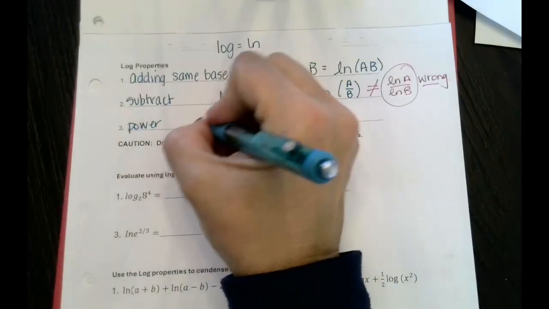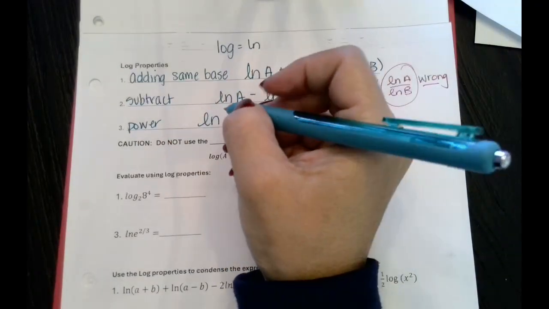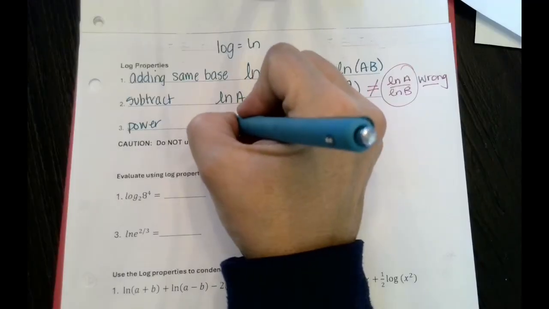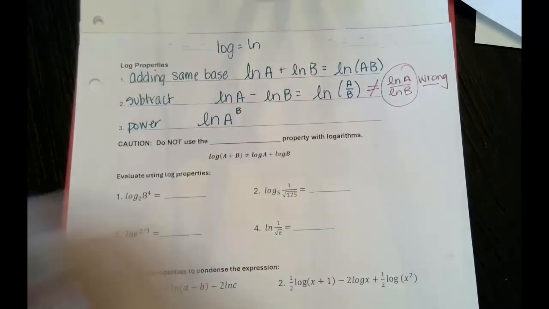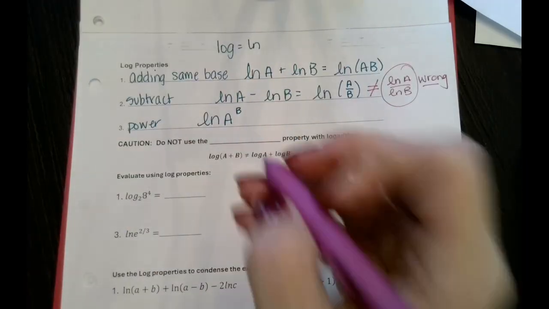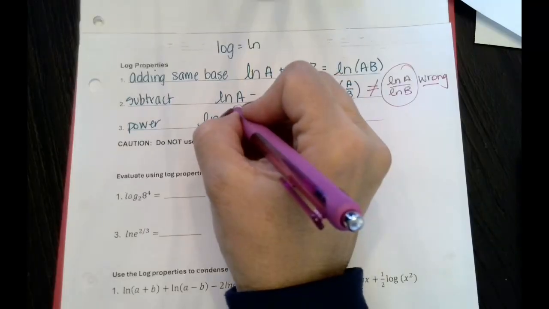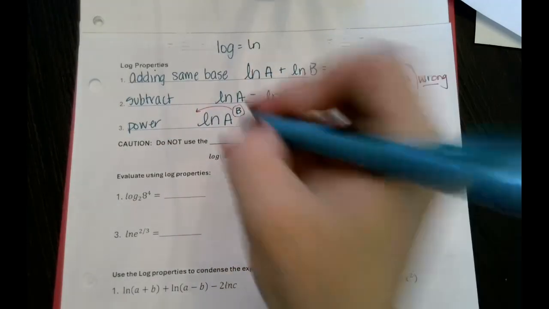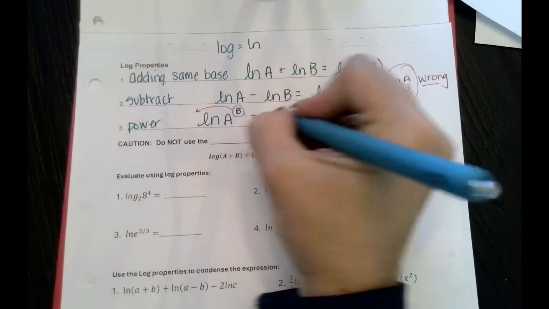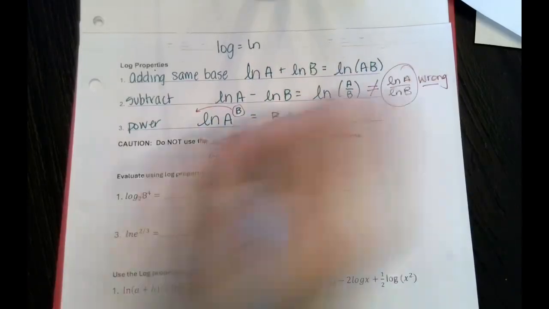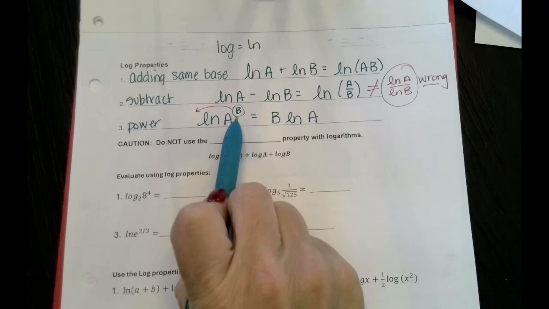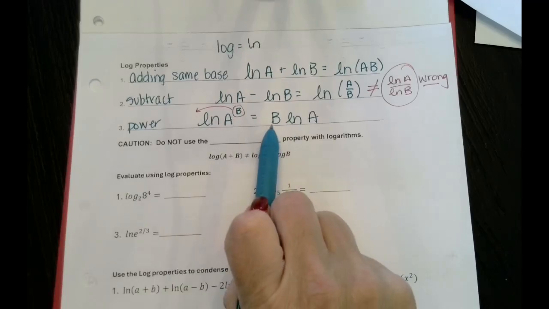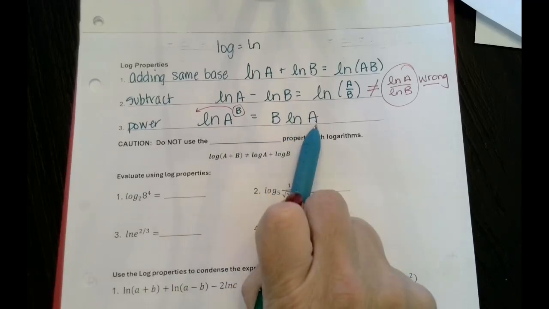So if I had something that looked like this, ln of a to the b, what happens is we now take this exponent that's up here and we're going to move it up front. So the solution to this is going to be b ln of a. So we take the exponent, we move it up front, and we multiply it through.